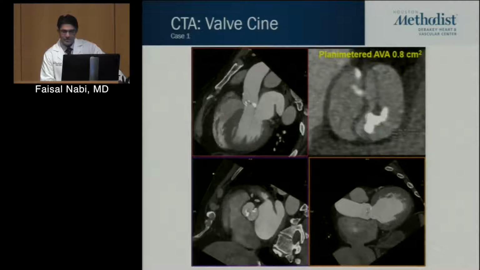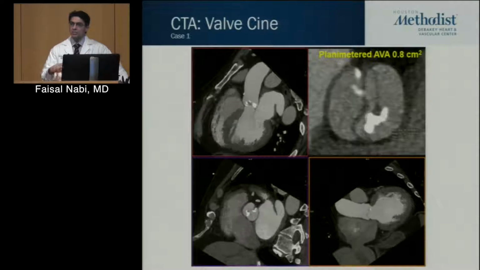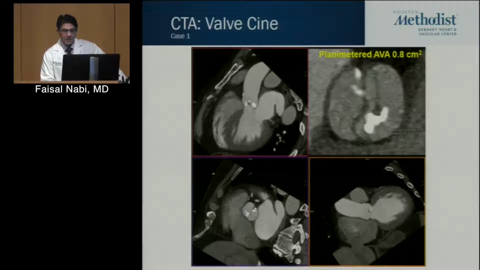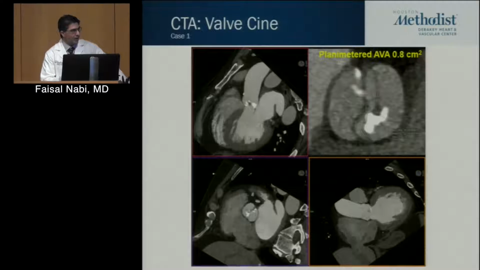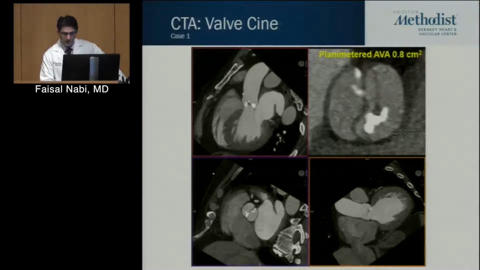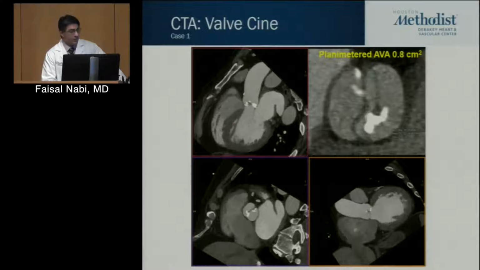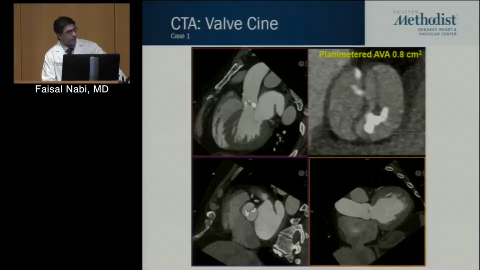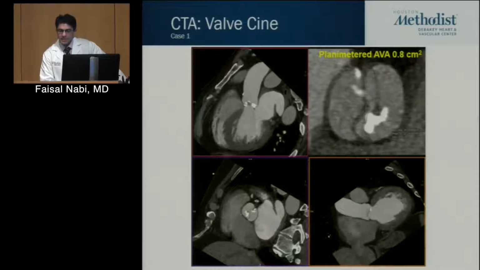We can take this a little bit further and actually planimeter an aortic valve area and look at how the aortic valve is opening. You saw some very beautiful slides just earlier. Here, at the top right, we were able to planimeter an aortic valve area of 0.8.